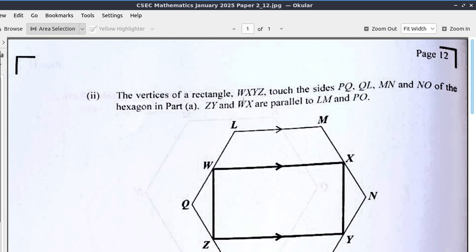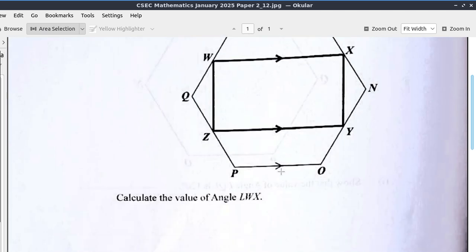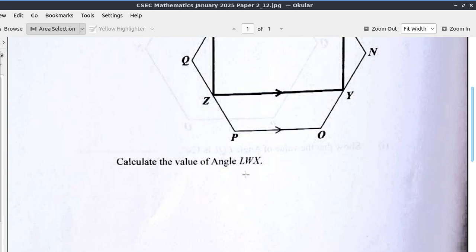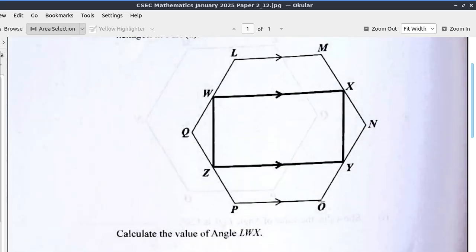In part A, ZY and WX are parallel. You can see that, parallel to LM and PQ. Once you see the arrows, you show that they're parallel. So you calculate the angle LWX. Alright, we'll do that in the next video.